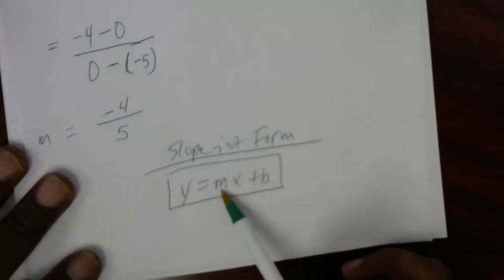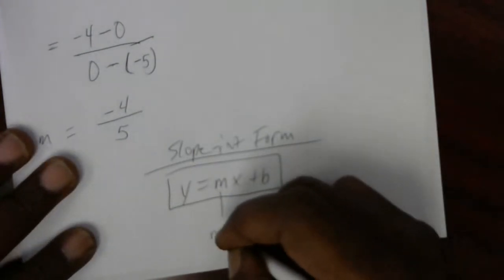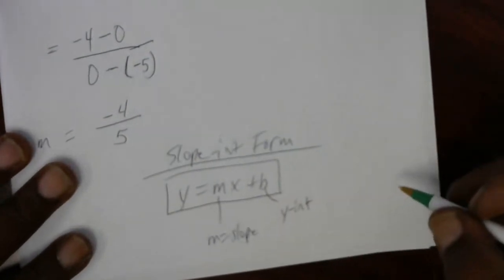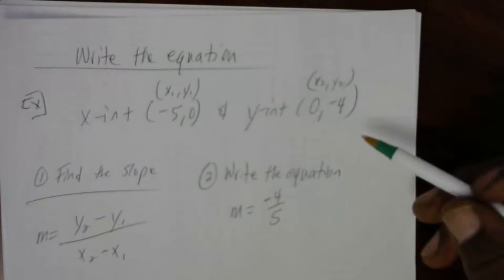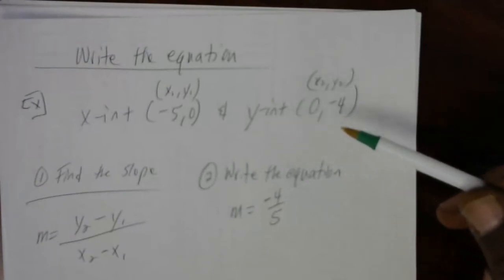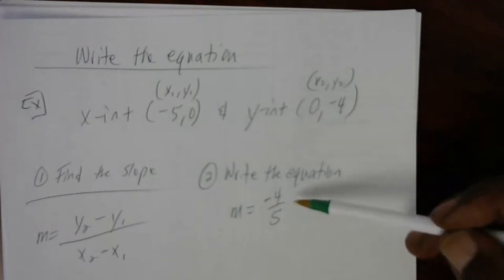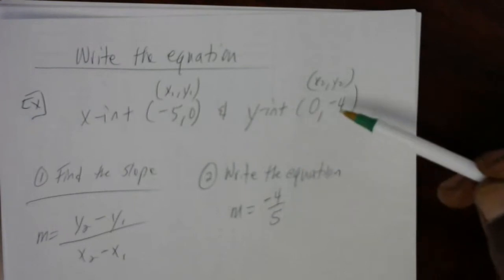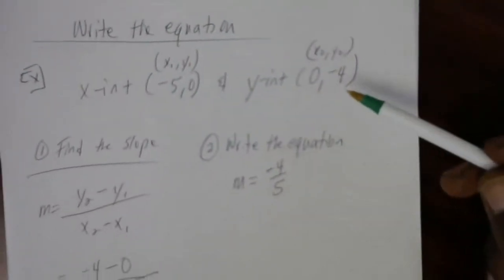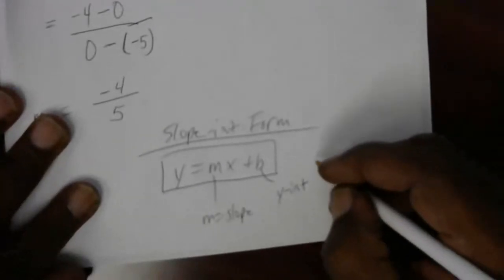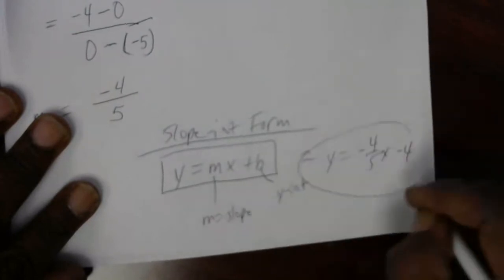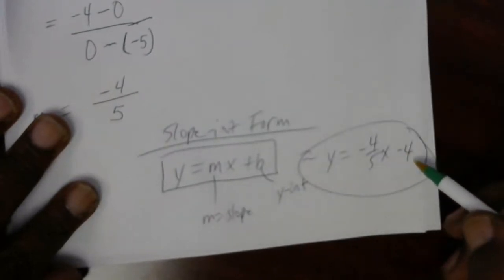You need the slope and you need the y-intercept. Notice here they had given us the y-intercept of -4. So we can piece the 2 things together, and we can write this equation out as y = -4/5 x minus 4, because we know the slope and we know the y-intercept.